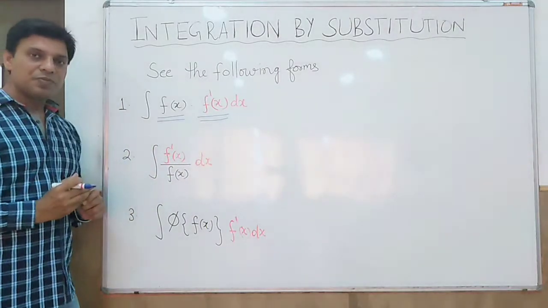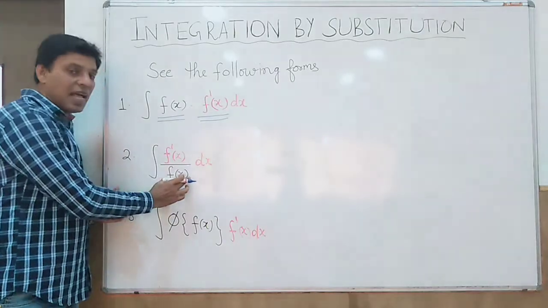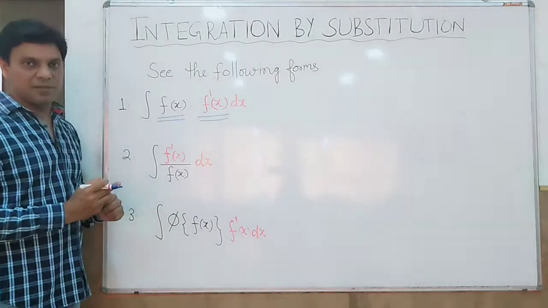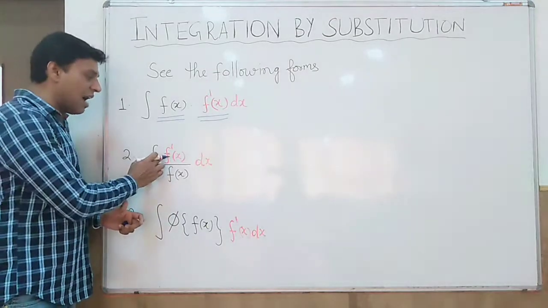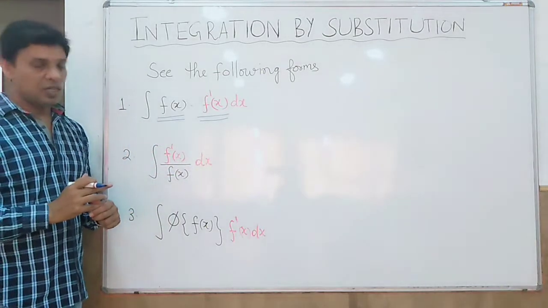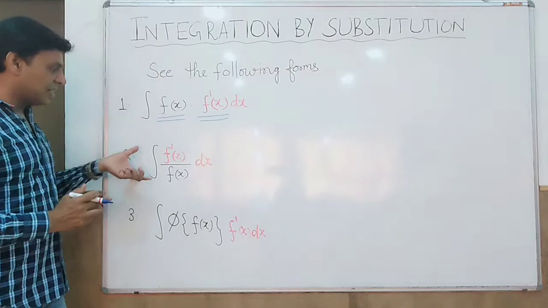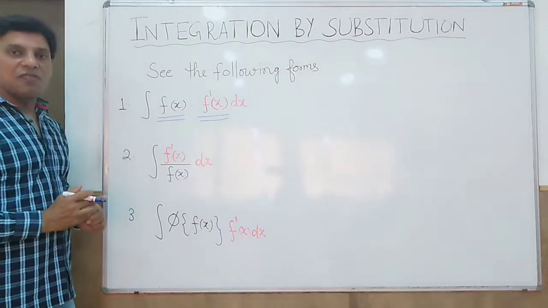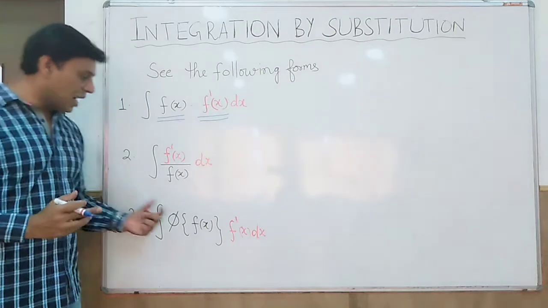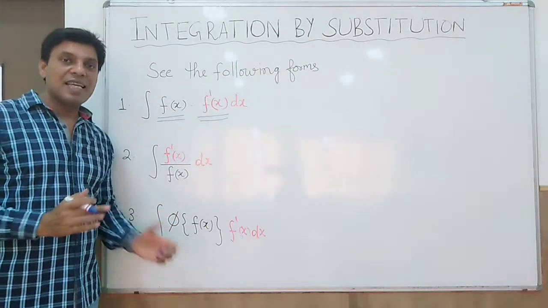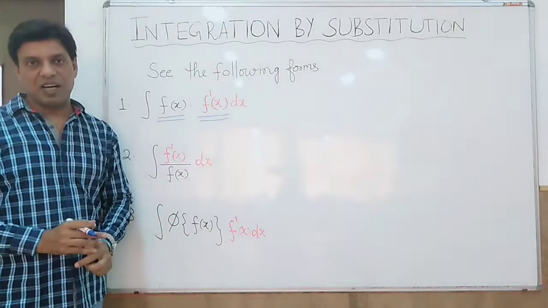Type 2, you will have a function f x in the denominator and its derivative in the numerator, that is f dash x dx. So this is the second form of substitution. Now in the third form, you will have the function f x hidden in some other function.